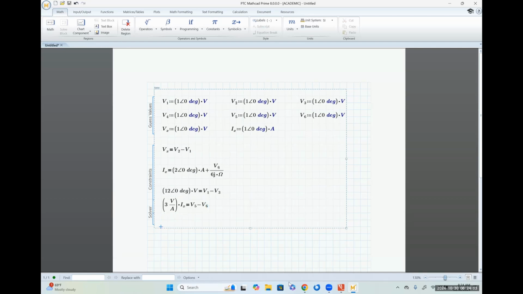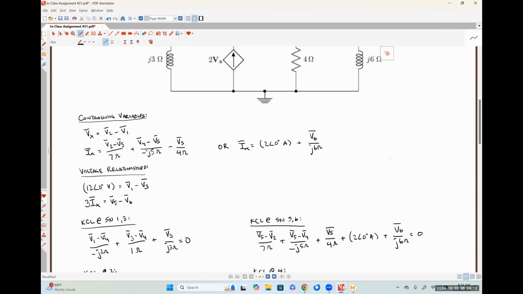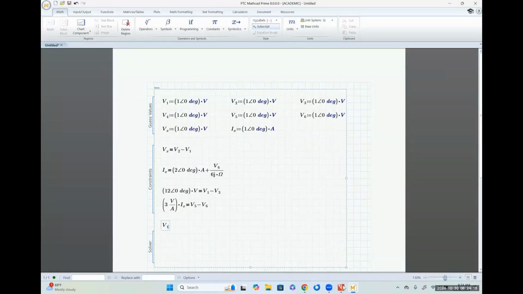And now I'm into my KCL equations. Just giving myself more space, we're going to start off with KCL at our supernodes. For supernode 1, 3, that is V1 minus V4 over minus J2, so V1 minus V4 over minus 2J times an ohm.